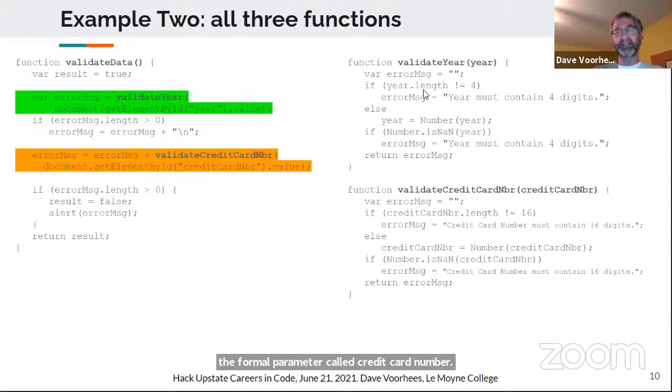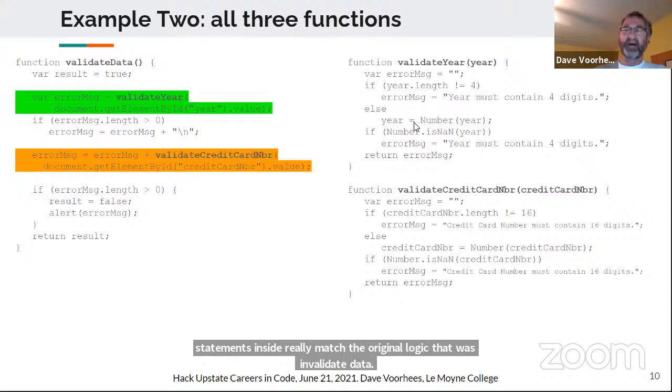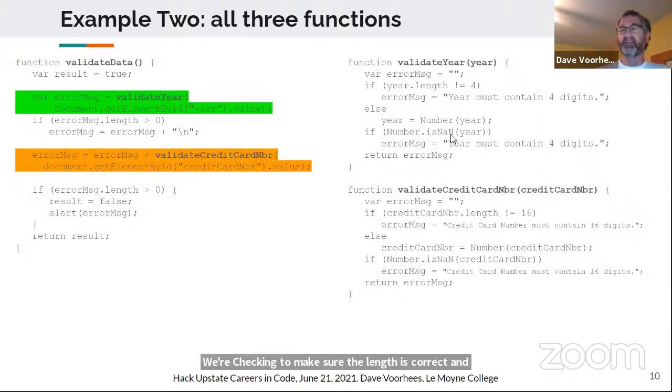These statements inside really match the original logic that was in validate data. We're checking to make sure the length is correct, and we're checking to make sure that what they entered is essentially a number. And we're doing the same thing with credit card number. Of course, the length is 16 instead of 4. Other than that, it's the same exact logic.